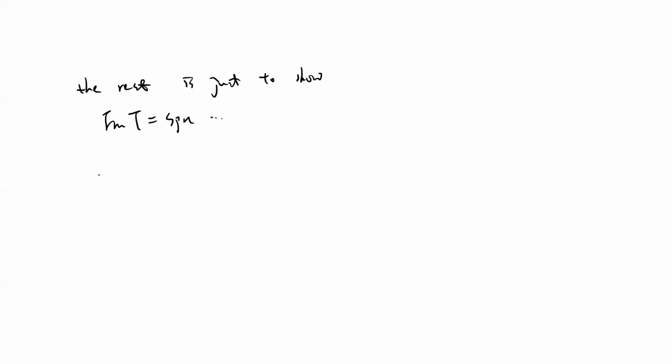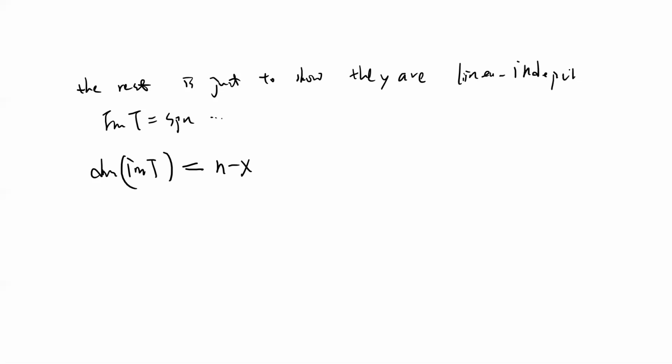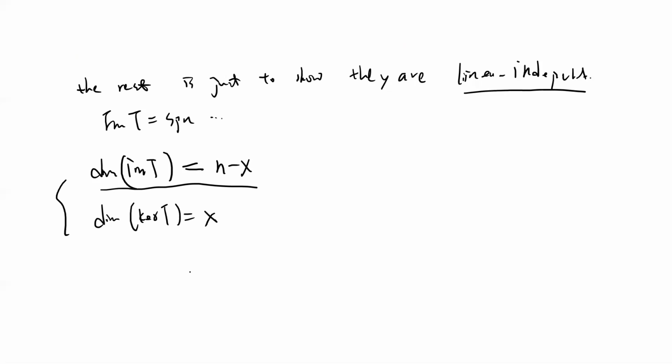In order to prove the dimension of the image of T is n minus x, we just need to show that they are linearly independent. Once you prove that, you get n minus x, and then you already assume that the dimension of the kernel of T is x. So the dimension of the image of T plus the dimension of the kernel of T will give you n.